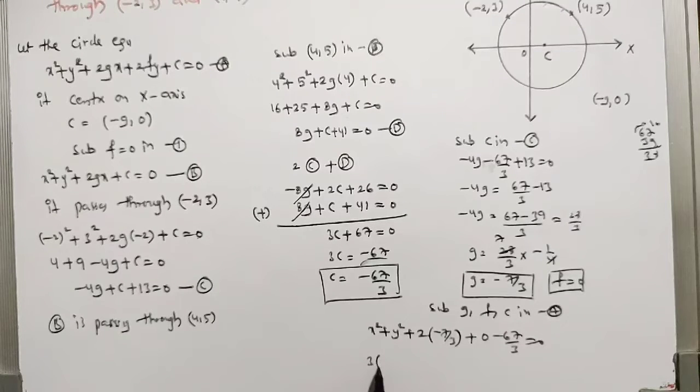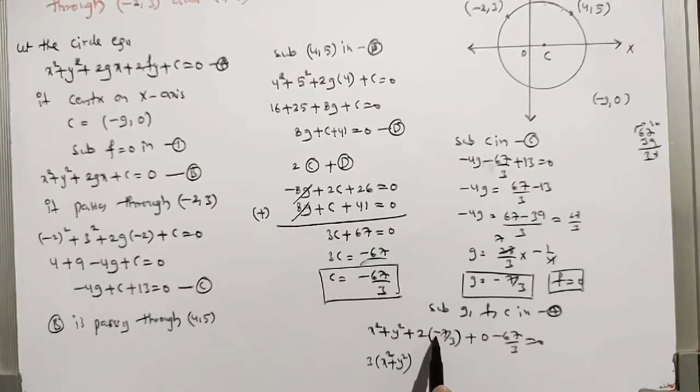So 3 into x squared plus y squared, plus, here x is there, minus 14x, minus 67 by 3 is equal to 0. If you transpose, this becomes 0.